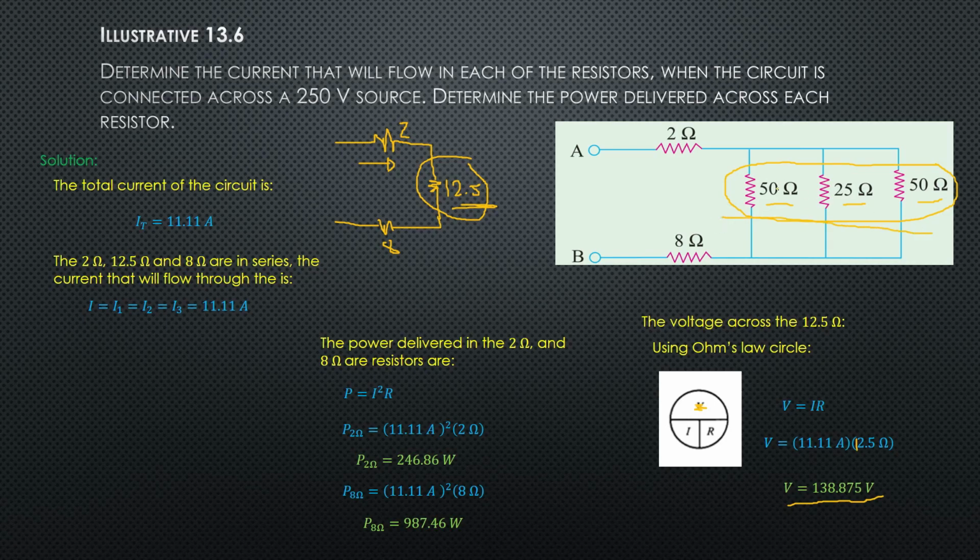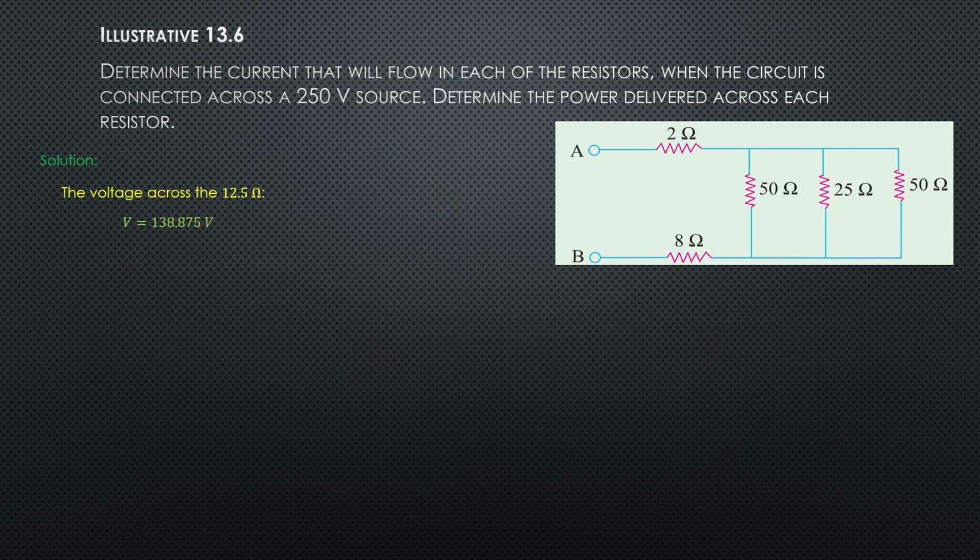So the voltage drop across the 50 ohm is 138.875 volts. Same goes with the 25 ohms and also the other 50 ohm resistor. Okay, reminder, recall the voltage across the circuit is equal to the total voltage for parallel connected resistances.